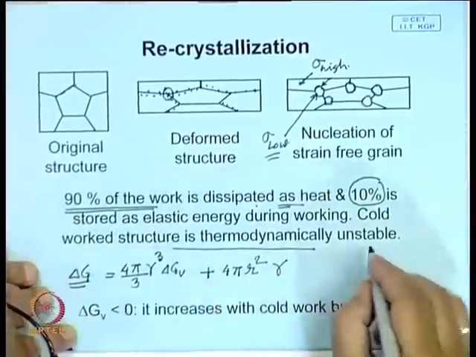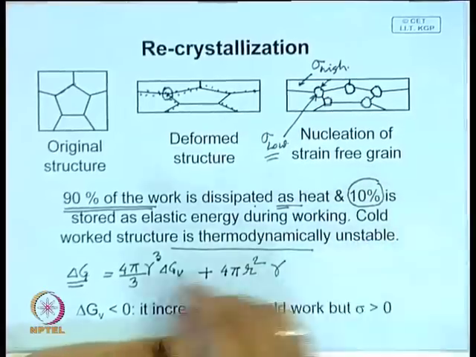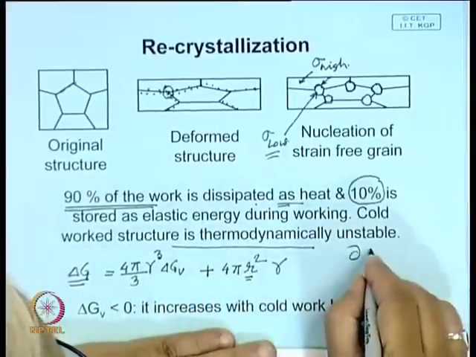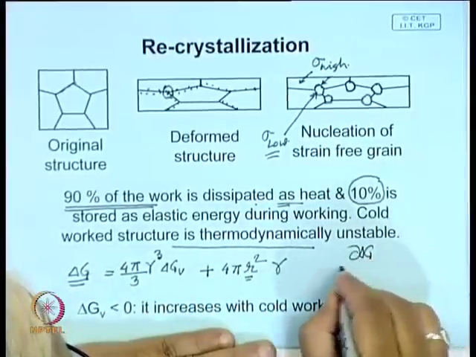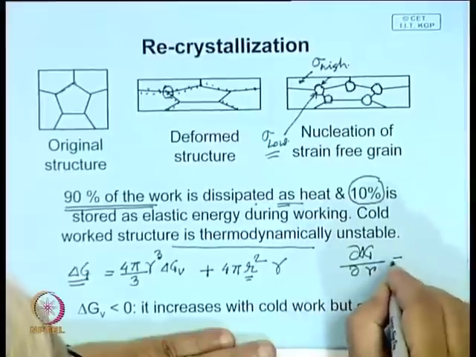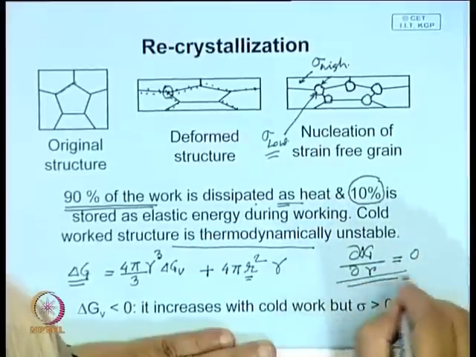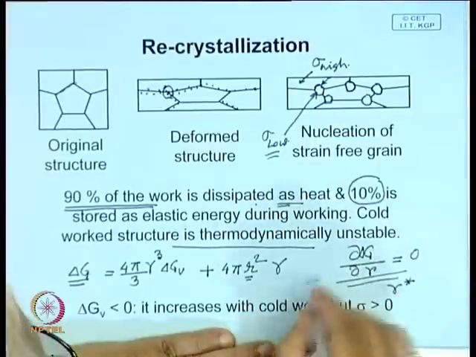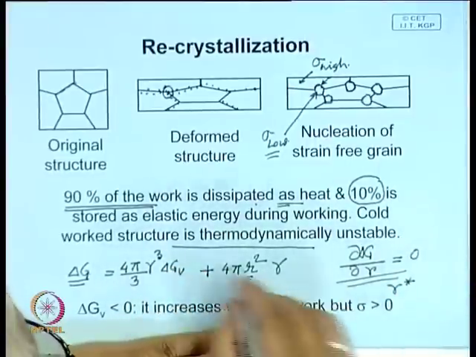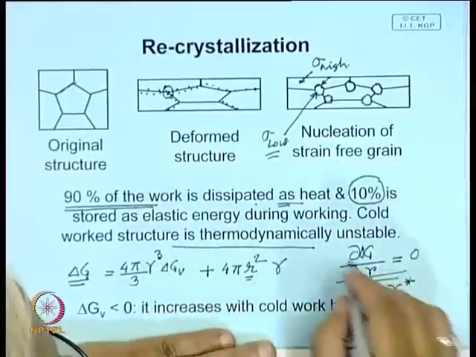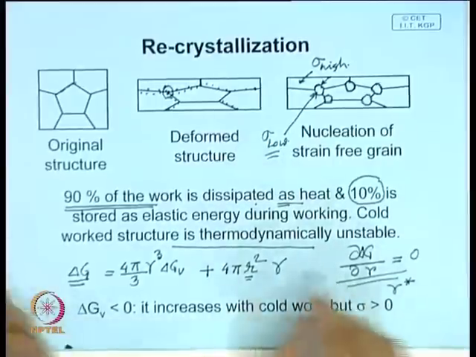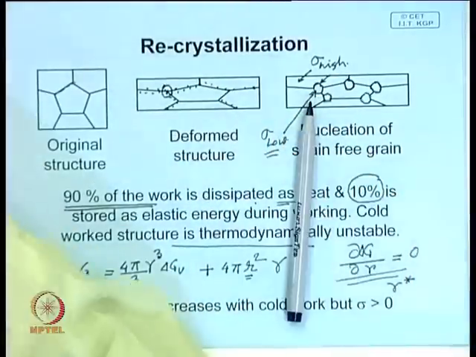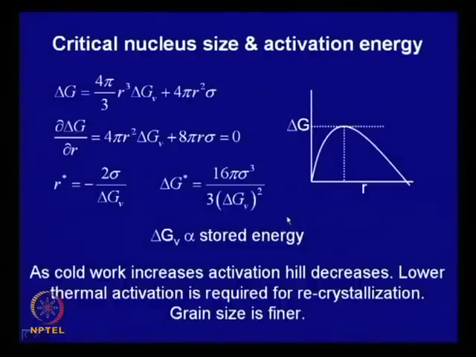Now, you can also differentiate it. So, this is a function of R. If you differentiate this delta G with R and equate it to 0, you can find out the critical size of the nucleus, and also you can find out the maximum, that is the activation hill which it has to exceed so that the process continues, and this is shown in this figure over here.